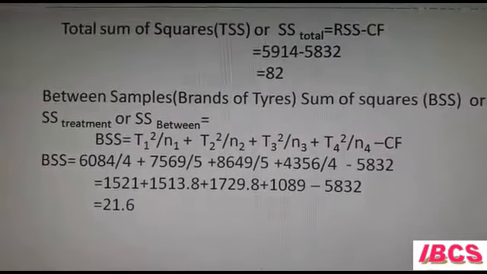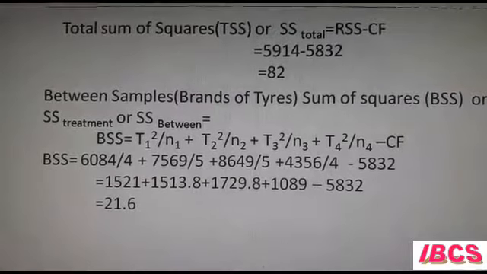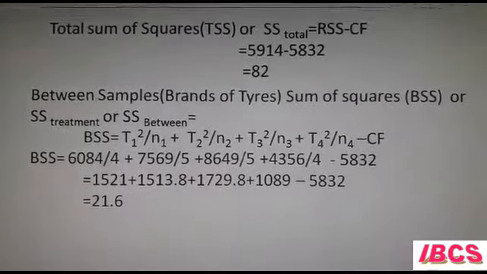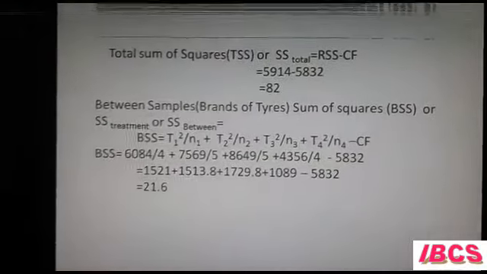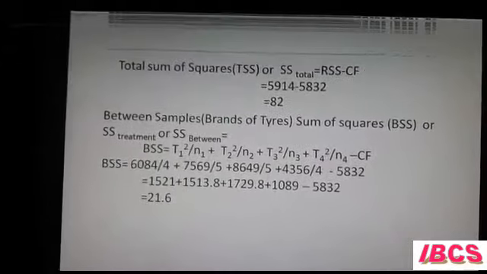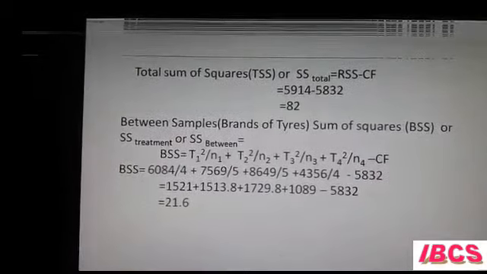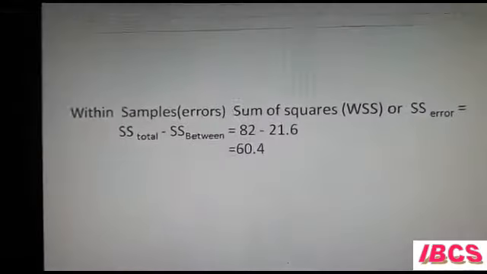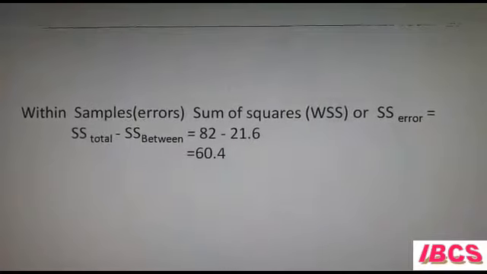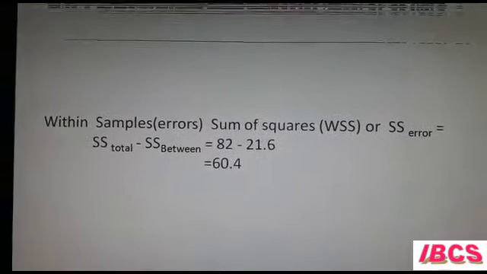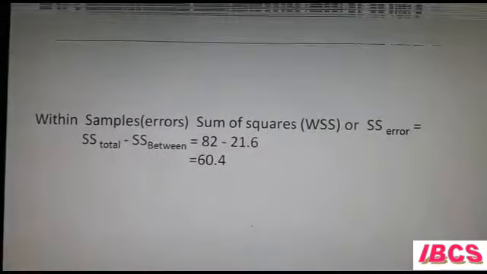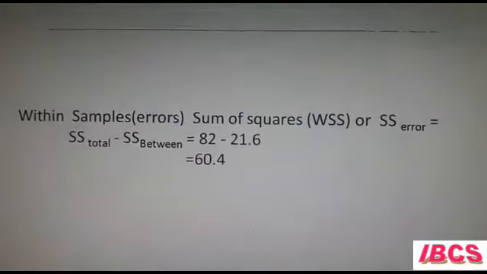So here the SS between is coming as 21.6. Within sample errors, sum of squares or SS error is equal to SS total minus SS between. So 82 minus 21.6, that is 60.4.